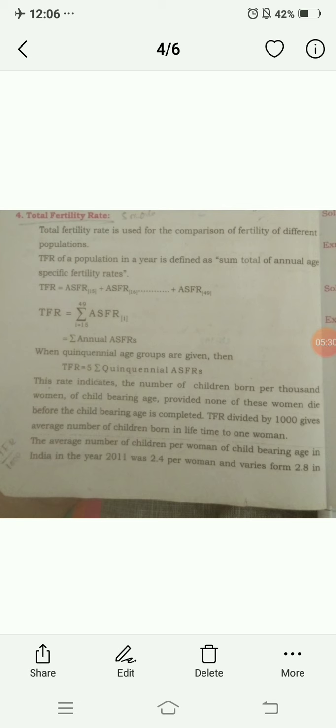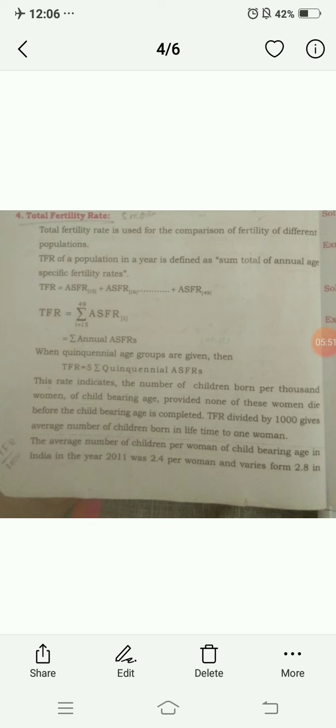TFR is one of the important measures of fertility rate for comparison, used to compare two or more populations.